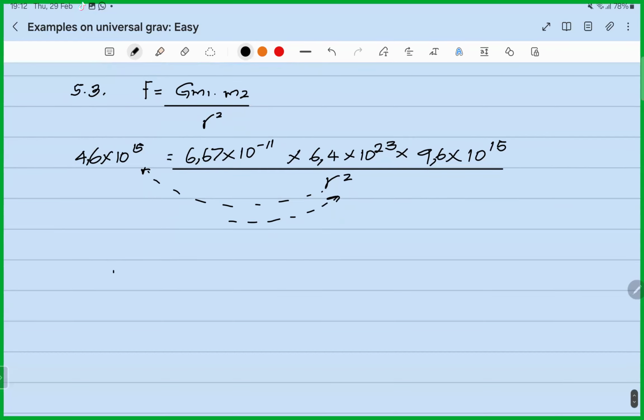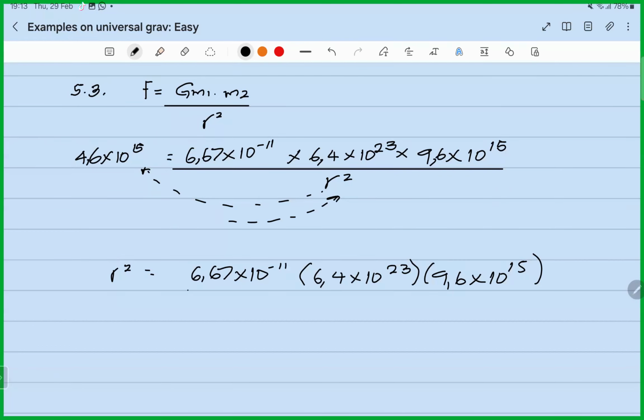And I'm going to get r squared is equal to 6.67 times 10 to the minus 11, 6.4 times 10 to the 23, 9.6 times 10 to the 15 over the force, 4.6 times 10 to the 15. And because I want to find r, I'm going to square root the right-hand side now.